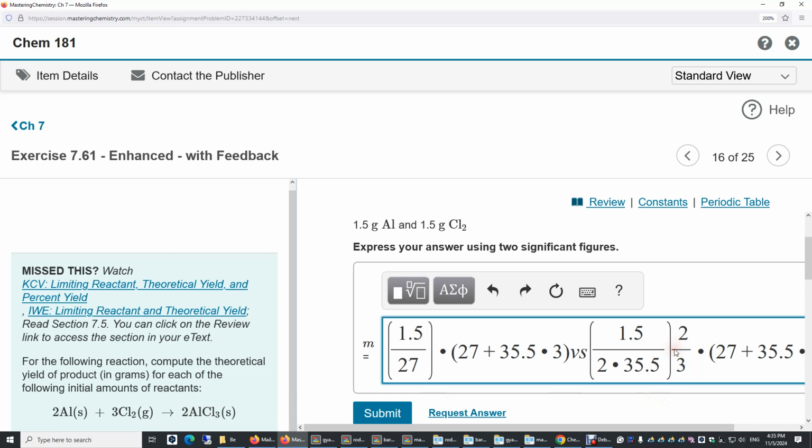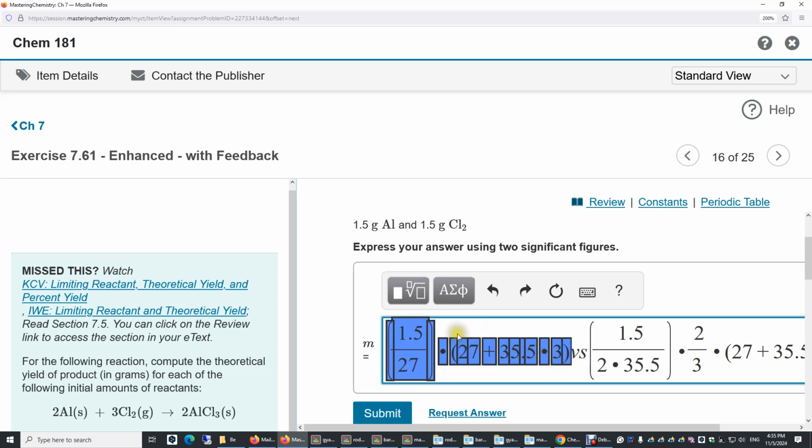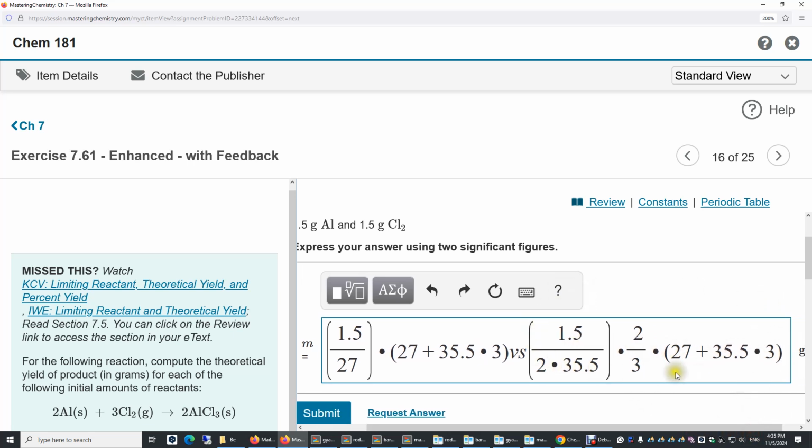So 3 moles of chlorine 2 produce 2 moles of this, so we're gonna have to multiply this by 2/3. Alright, so we have two expressions. This is the amount of the product based on 1.5 gram of aluminum, versus over here this is the amount of the product based on the amount of chlorine.